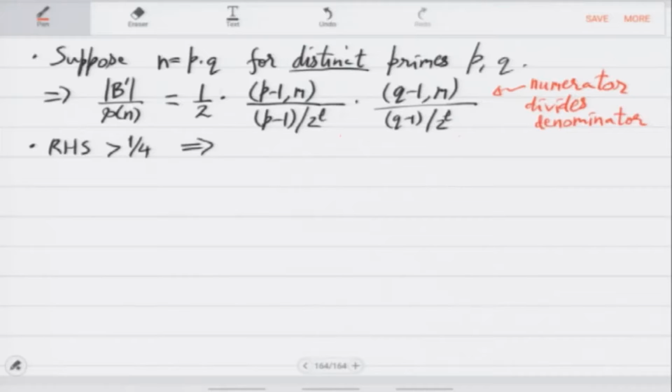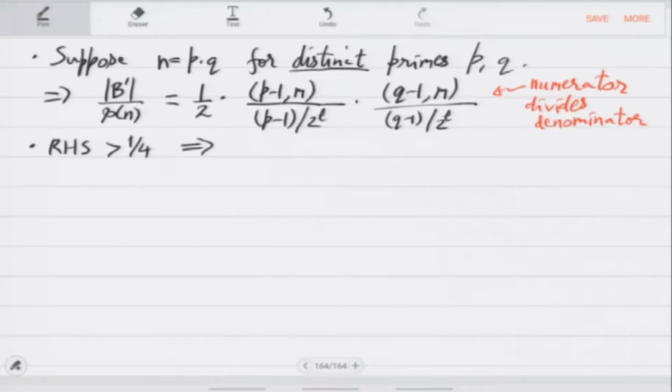right? So if both of them are less than or equal to half, it's the same expression as before, but here it will be better to argue. So now look at these two fractions again. Each of these fractions is either 1 or it is smaller than half. If even one of these is less than or equal to half, then this product will be less than or equal to 1/4.